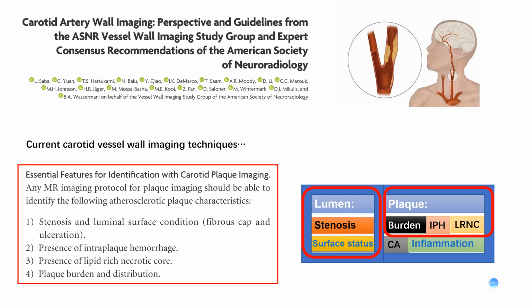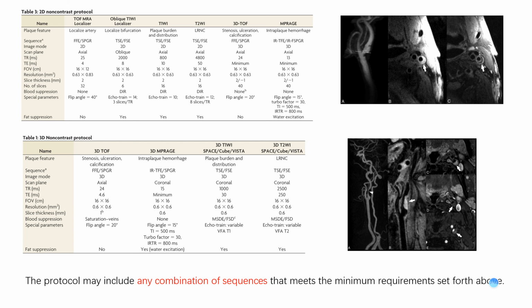In short, we have to identify these essential carotid features, including lumen surface condition, plaque burden and distribution, and the presence of high-risk features, intraplaque hemorrhage and lipid-rich necrotic core. Example protocols are presented based on considerations for 2D and 3D imaging and the use of gadolinium contrast. The protocol may include any combination of sequences that meets the minimal requirements set above.